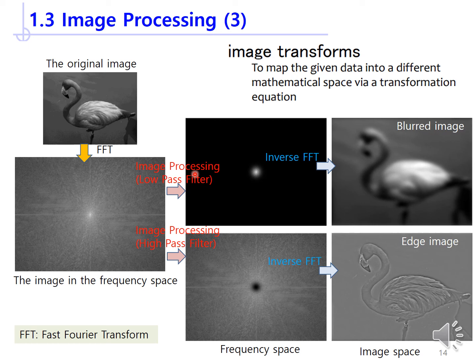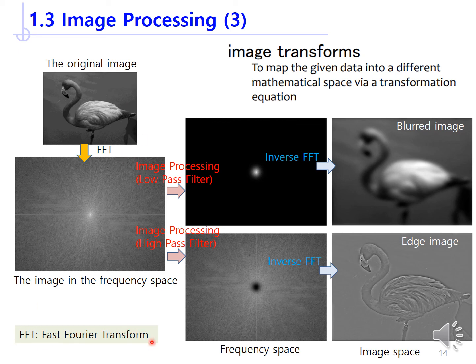The third application of image processing is image transformation. The original image is transformed from the image space to the frequency space using FFT.